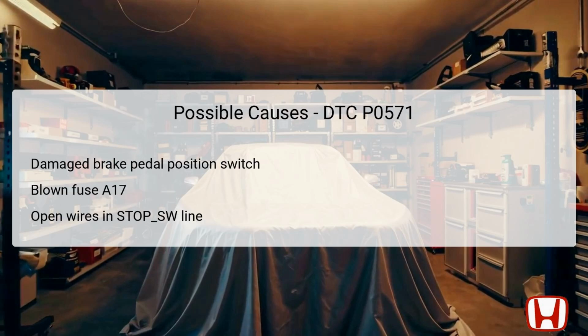Several potential causes can lead to the P0571 code being set. First, a damaged brake pedal position switch can prevent correct functionality, resulting in erratic brake light behavior. Second, a blown fuse A17 located in the underhood fuse relay box can cut power to the brake switch circuit, causing it to malfunction entirely.